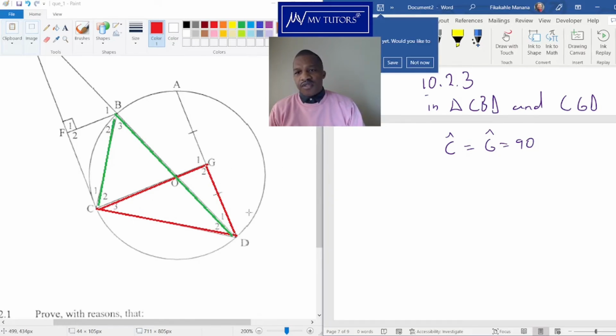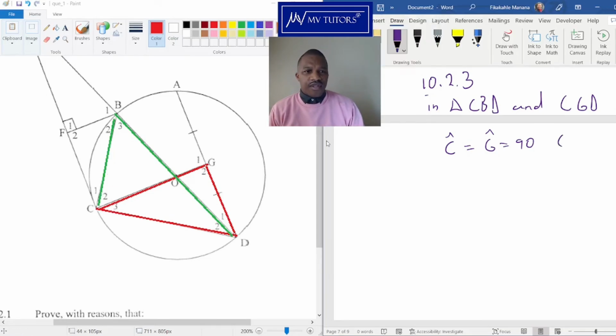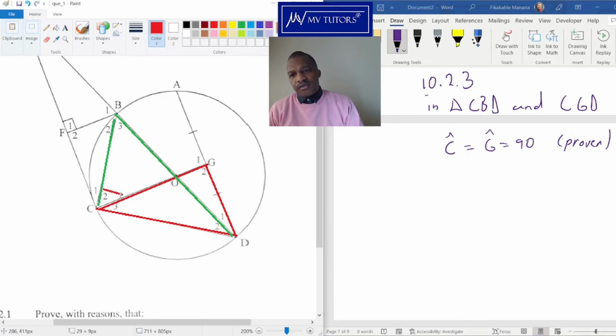This has been proven. Did we prove that this angle is actually 90? Oh yeah, we have. It's the diameter. See this angle over here, it's 90. Good. And also this one is 90. We've proven it as well. So that's why I'm saying they're equal. Both are 90. Okay, we need another angle now that is going to be equal.